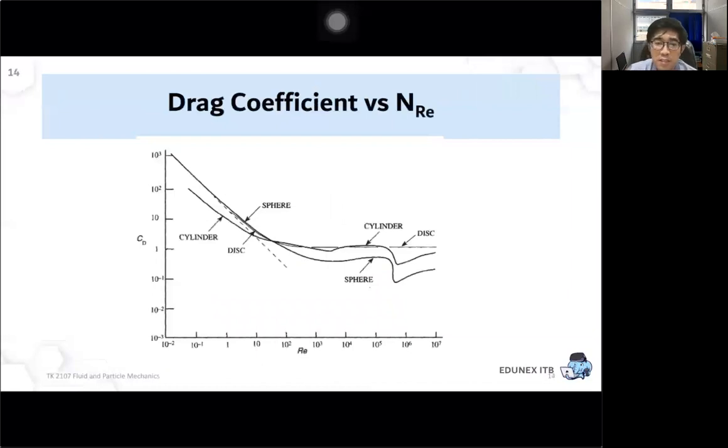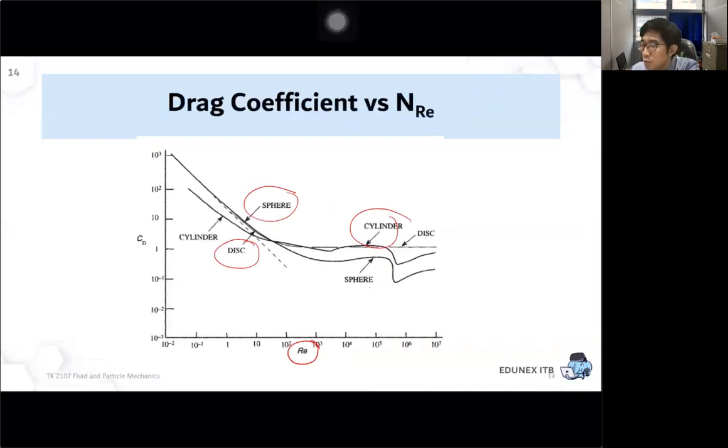This is the simplest thing. The easiest way to calculate the drag coefficient will be by calculating the Reynolds number, and then you choose the appropriate graph. How to choose? You choose the typical shape of the particle, whether it is a sphere or cylinder or maybe a disc or some others.